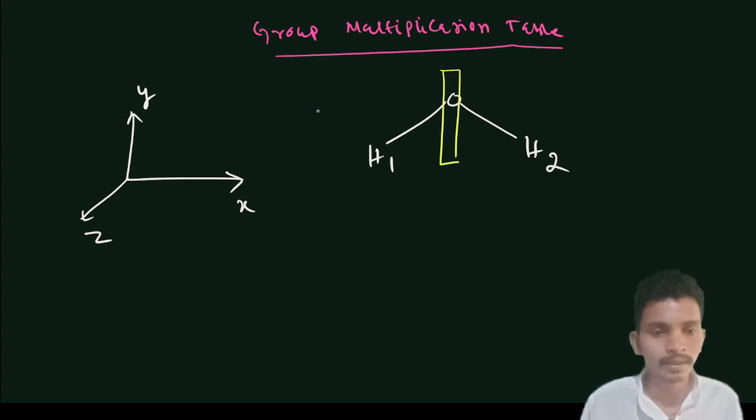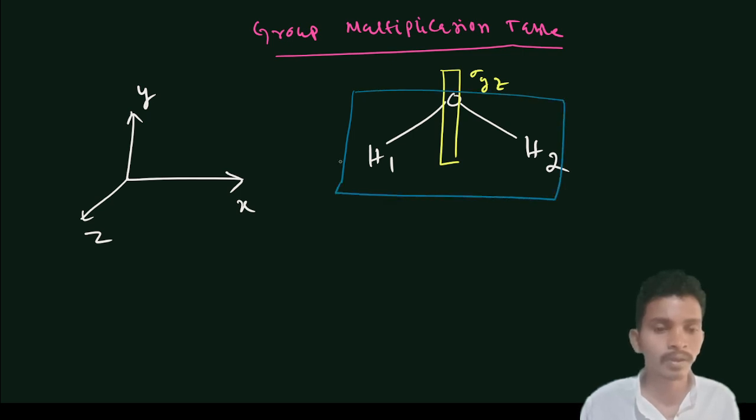One plane is there, this is sigma yz, and another plane we have, that is the molecular plane, along y and x, plane xy.